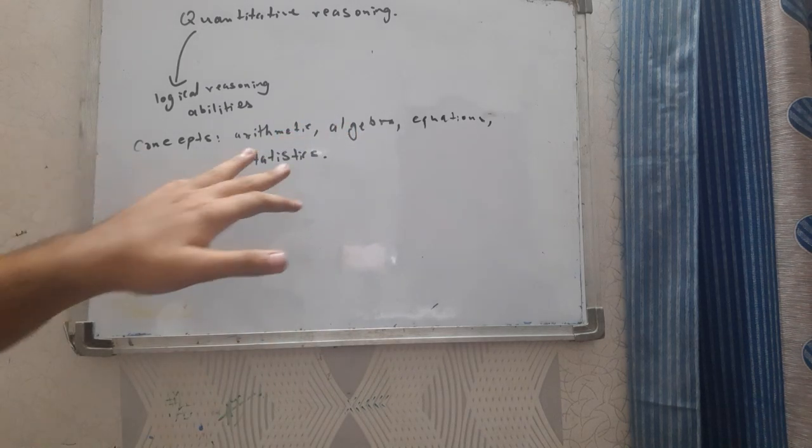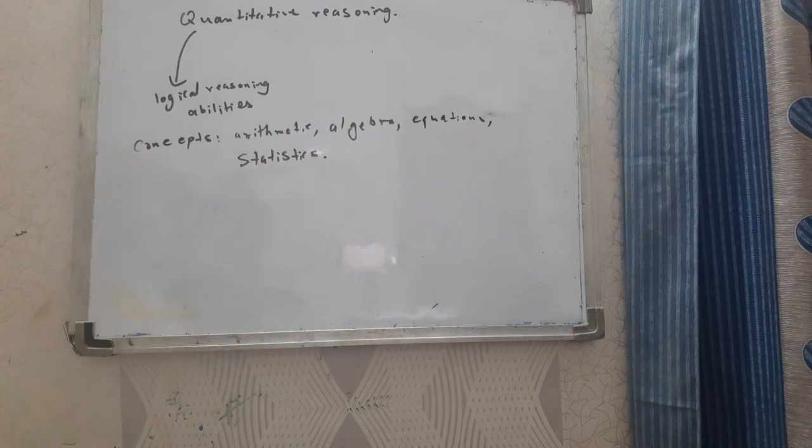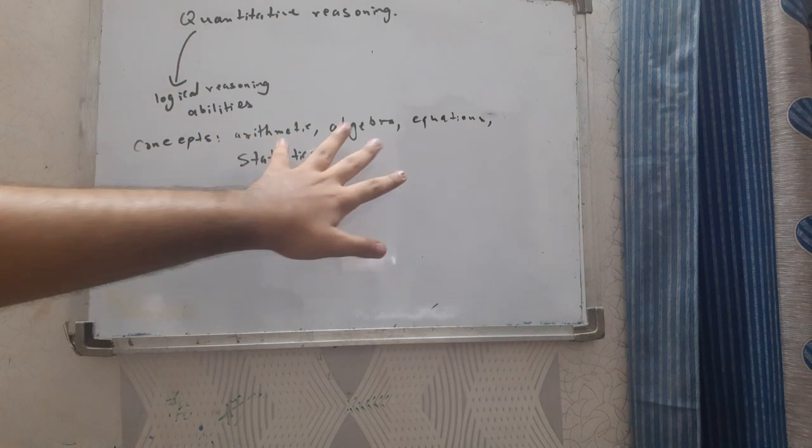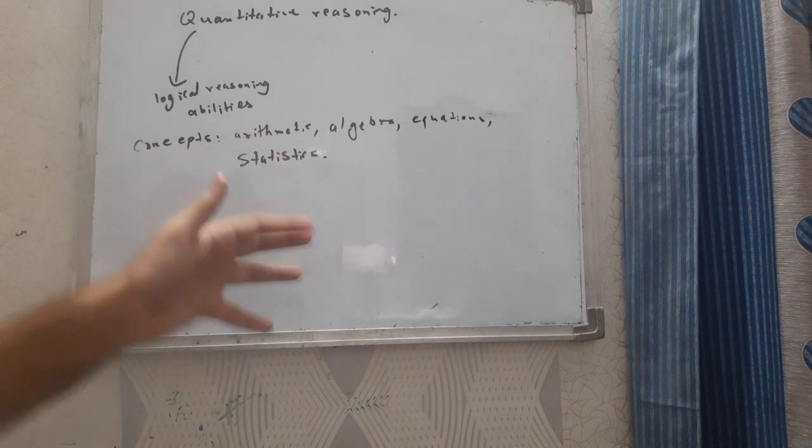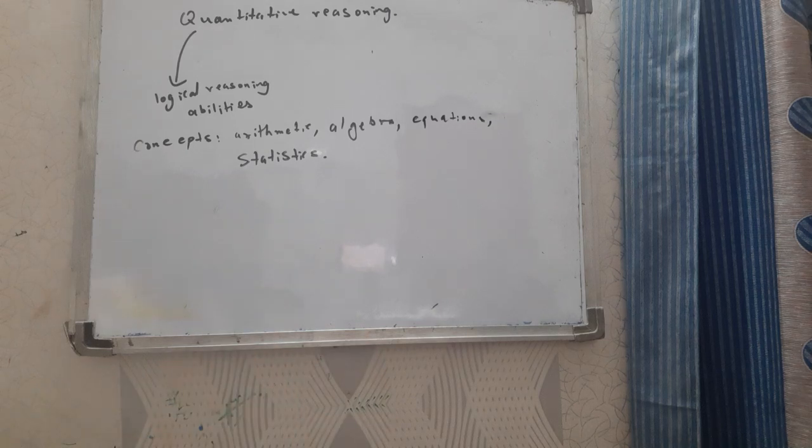So these are some of the major concepts covered in quantitative reasoning: arithmetic, algebra, equations, and statistics. Don't worry about these topics. I'll be covering more about them in upcoming videos, and we'll be practicing a lot more questions which would help you go about these concepts very easily and solve more questions.